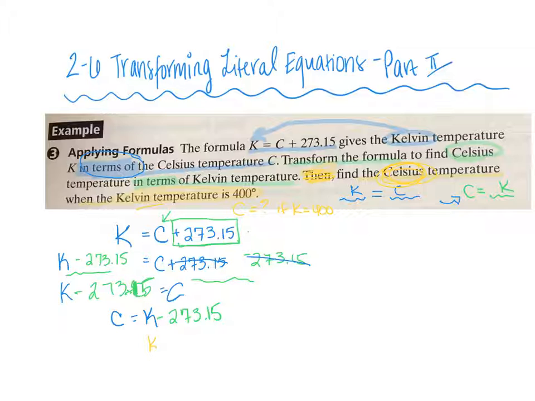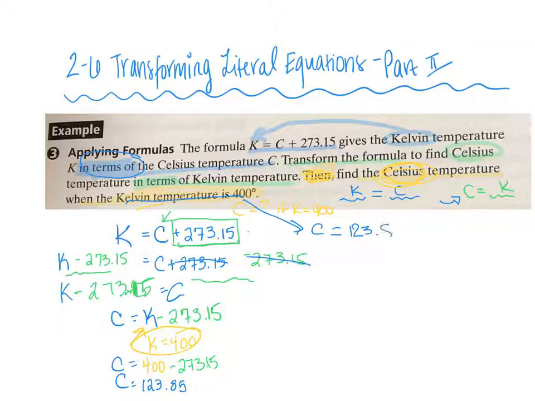So if Kelvin equals 400, I need to plug this in up here for my K. So it's going to look something like this: C equals 400 minus 273.15, and solve for C. Hopefully you got 123.85, which means that when my Kelvin is 400, then my Celsius is 123.85 degrees.